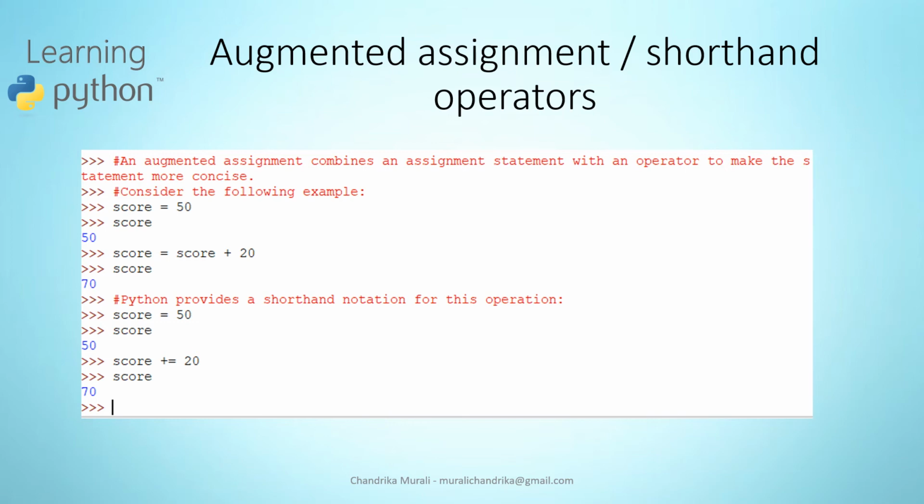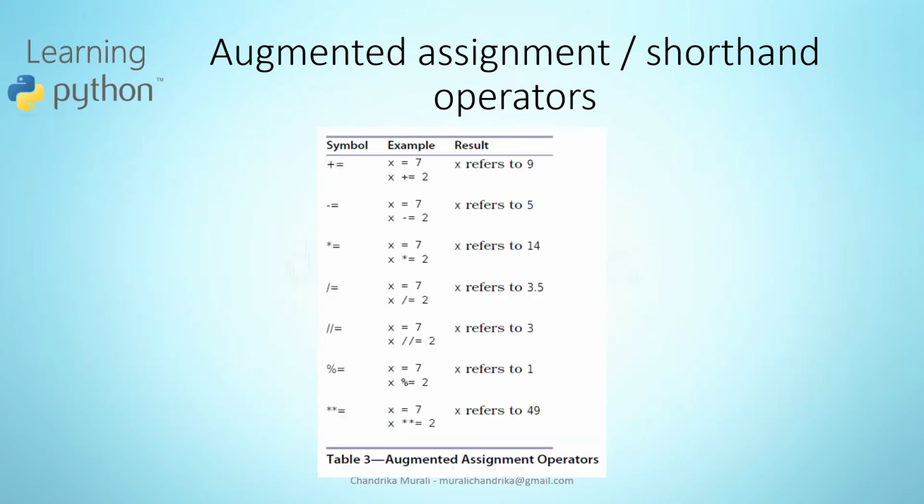Let us see some of the shorthand operators. These are some of the augmented assignment operators. See, x is equal to 7. x plus equals 2 means x equals x plus 2.